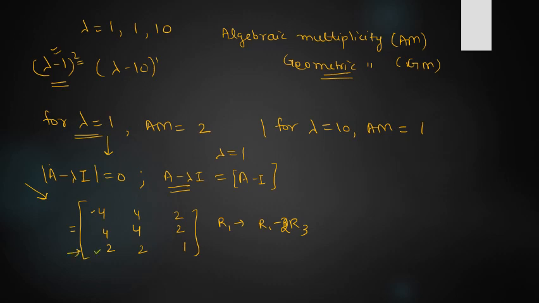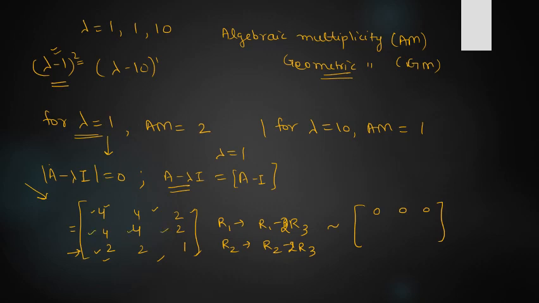So if you multiply 2 and again with R2 also 2R3, what we will get? So this will become 4 minus 4 0, 4 minus 4 0, 2 minus 2 0. So all the elements will be 0.